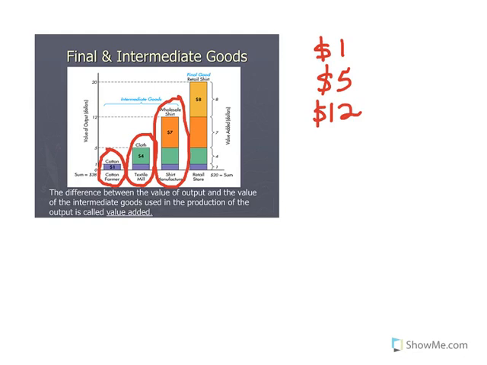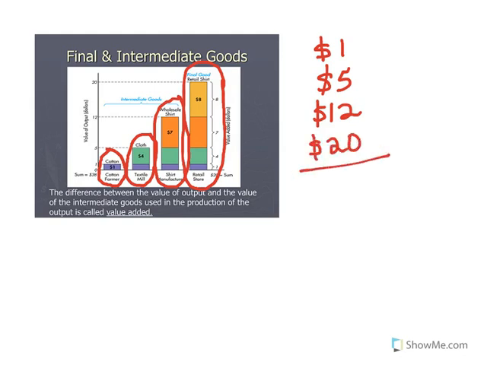And then we can look and see how much the retail store actually sold that shirt for to the consumer. So again, notice here when we're looking at the final stage where it's gotten to the retail store and sold to the consumer, the retail store added another $8 of value. So that means that they sold it for a price of $20.